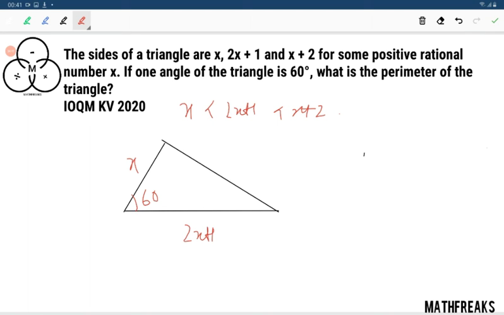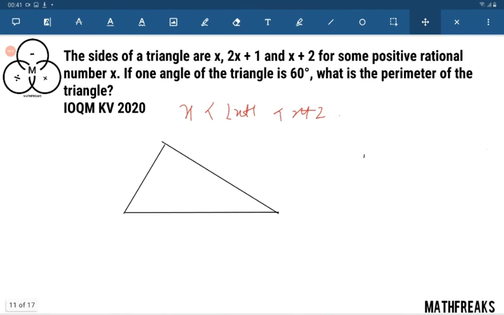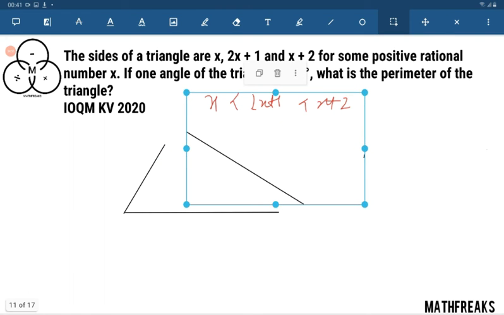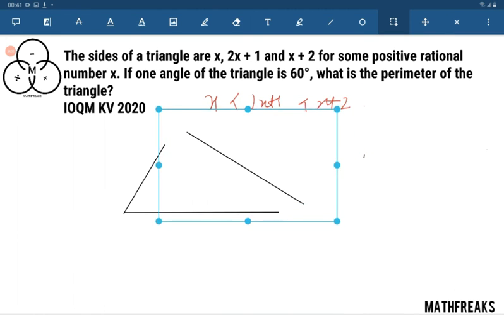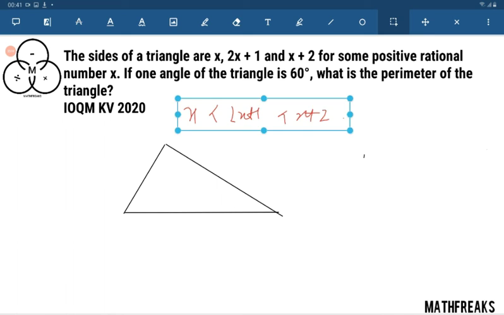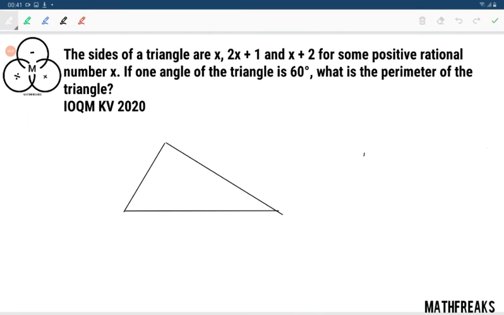Oh, sorry, my mistake. x plus 2, 2x plus 1.